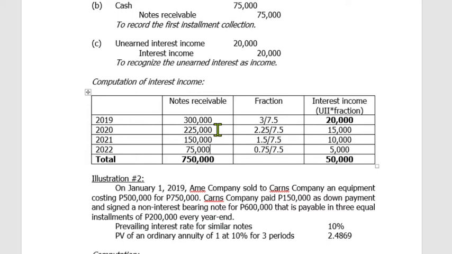So, ano ang goal mo dito? The goal mo is to get the fraction of allocating your interest income. Remember, ang interest income mo ay 50,000. So, paano mo i-allocate yon between the four periods? Get the allocation of the balance of the notes receivable. So, for 2019, 300,000.